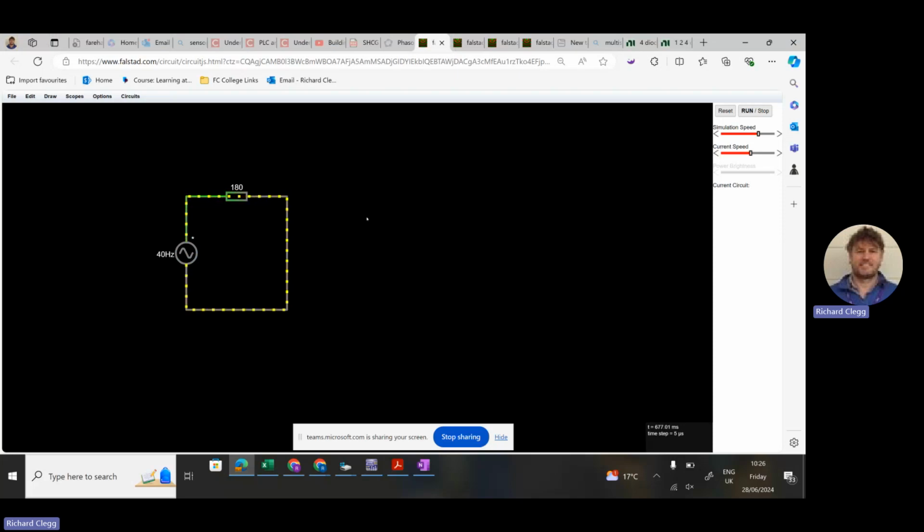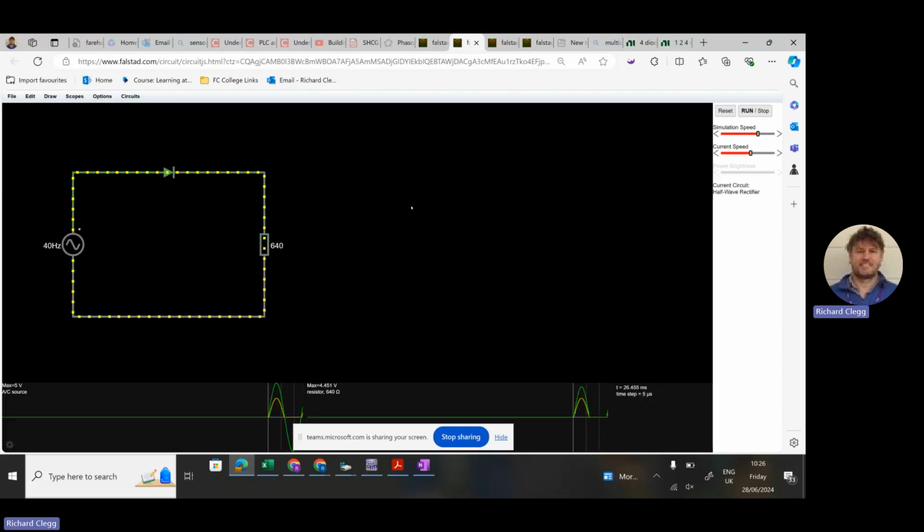On DC, that would flow in just one direction. So after a half-wave rectifier, we're only interested in the positive. The way we do that is we connect in one diode, and as you can see, the electrons flow and then they're blocked on the negative, but they're allowed through on the positive.